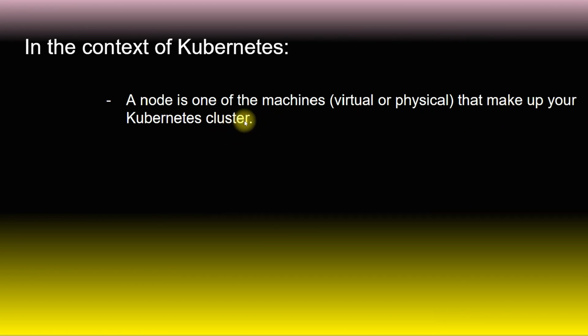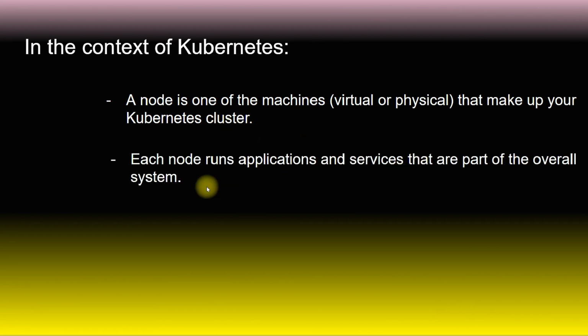We talked about the cluster: it is a collection of virtual machines or physical machines that work together. So a node is one of the machines inside your Kubernetes cluster, and each node runs applications and services that are part of the overall system, which is the cluster.